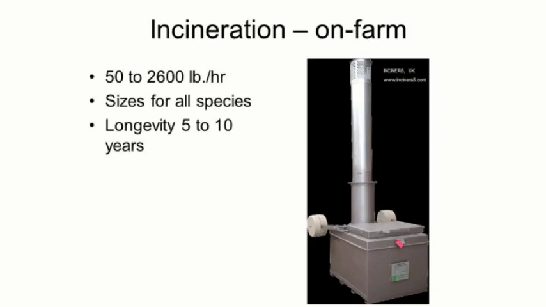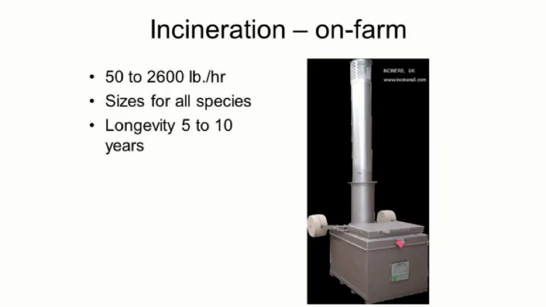More commonly on farm for routine management of mortalities, if you're choosing to use incineration, you would find a piece of equipment that looks like that shown here. No product endorsement is intended, just that it shows the secondary burning system as well as the initial burning, a loading door that's counterweighted to allow for ease of use.